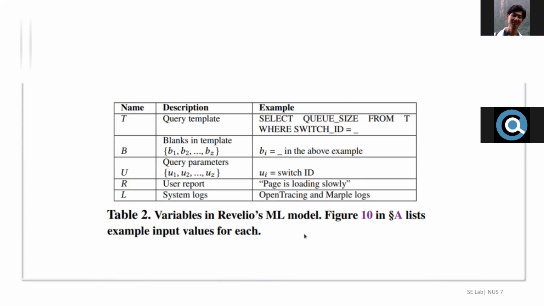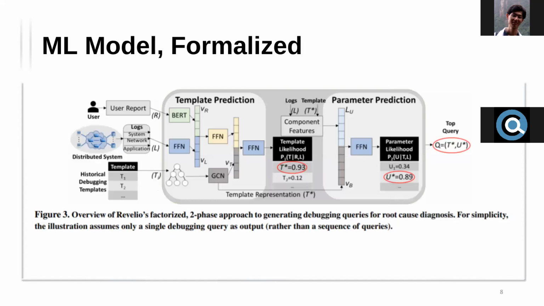And then the user report is like a natural text bug report. The system log is OpenTracing and Maple log. That means the system log has to follow a schema, right? Yeah, it's a certain format, so it's more structured.